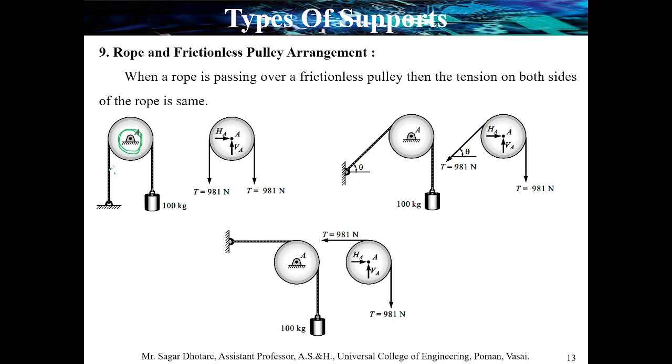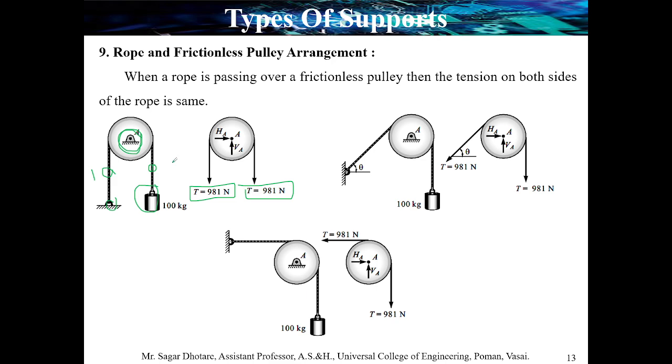So we have two strings attached over here. The first string is connected with the ground, and the second has an applied weight of 100 kg. Whatever tension is created because of that 100 kg is equally distributed on both sides. So T is 981, applied equally on both sides, in equal and opposite directions.